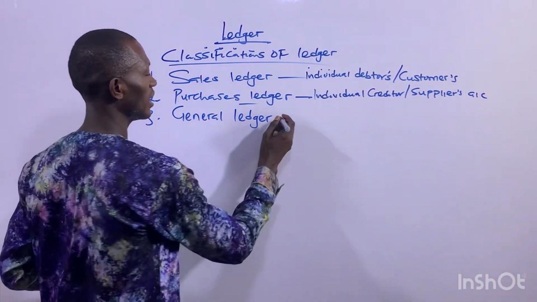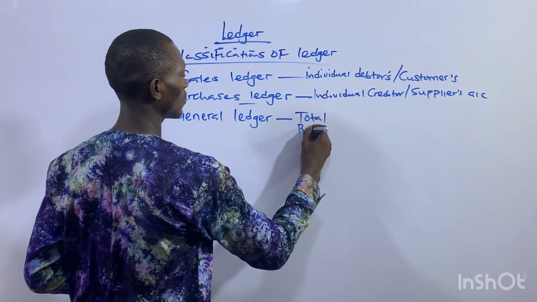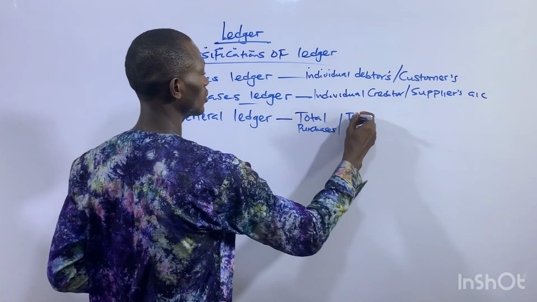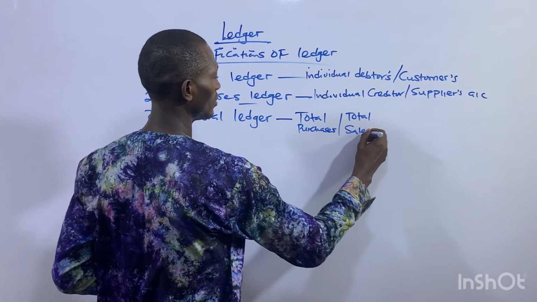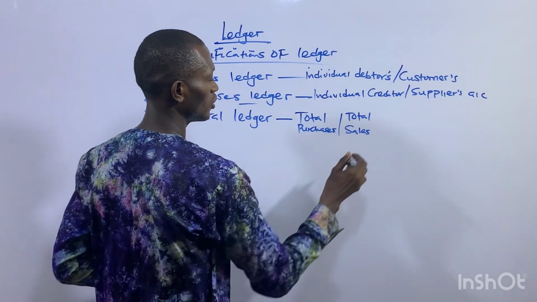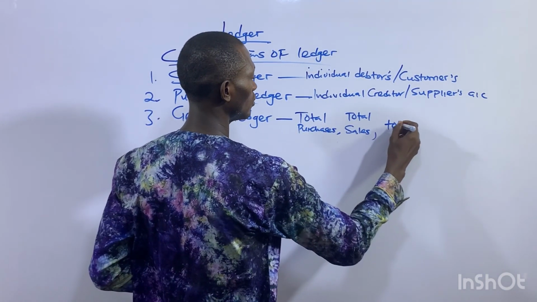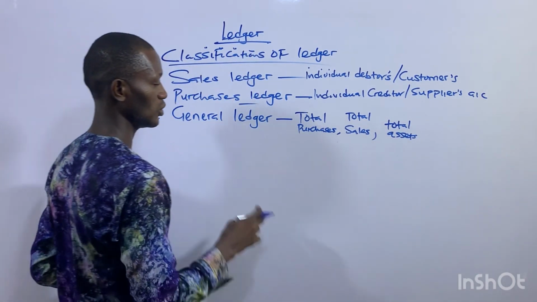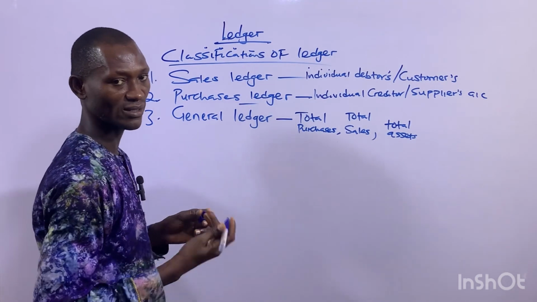So for example, you can have total purchases details. You could have total sales details. You could have total assets details in your general ledger, and the list is endless.